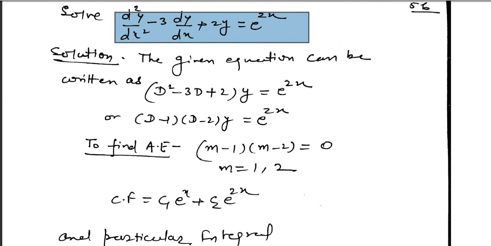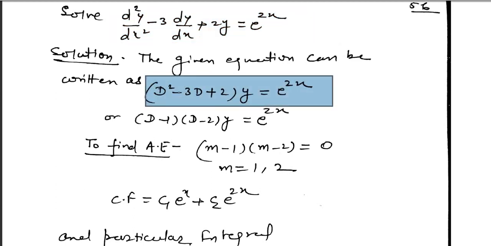So the given equation can be written in the form of D as D square minus 3D plus 2 y is equal to e to the power 2x. Very simple. Now you can write this equation in the form of (D minus 1)(D minus 2) y equal to e to the power 2x.